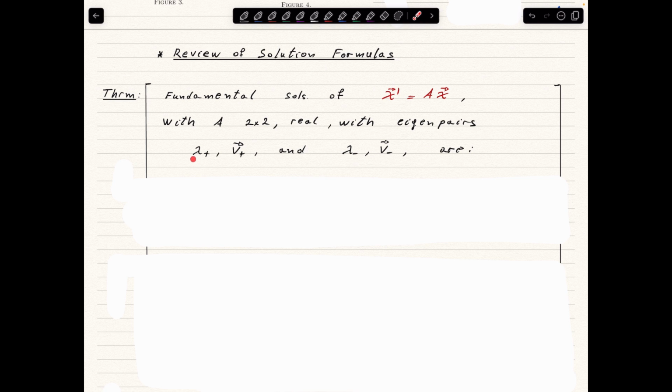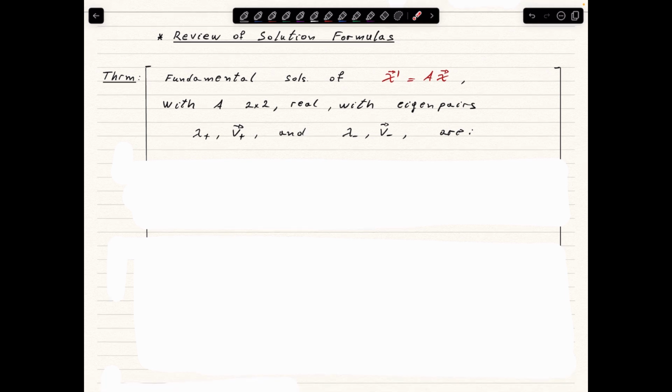Suppose we did that, and we have the eigenvalue lambda plus corresponding with eigenvector v plus, and lambda minus with v minus. And suppose now we have different solution formulas depending on what these eigenvalues are.